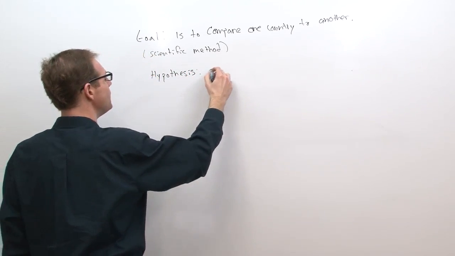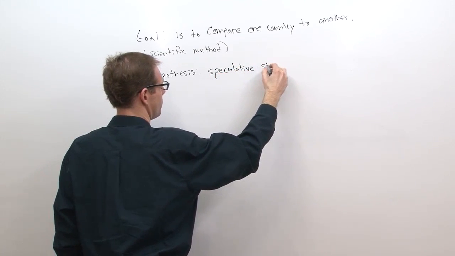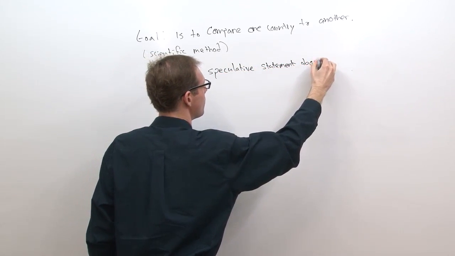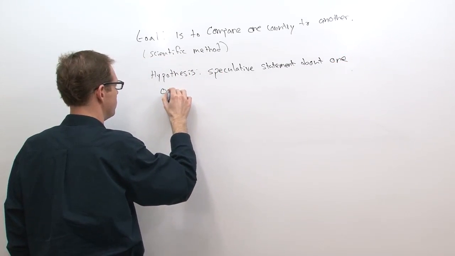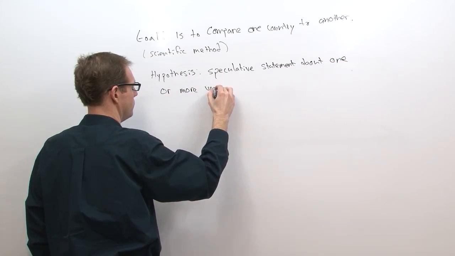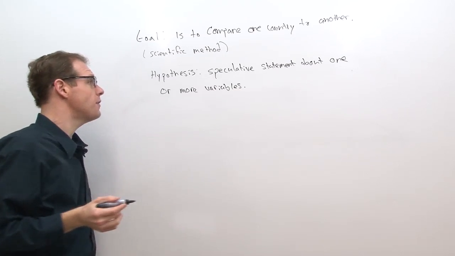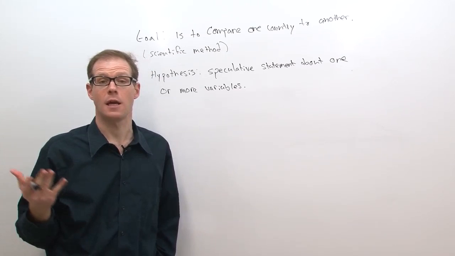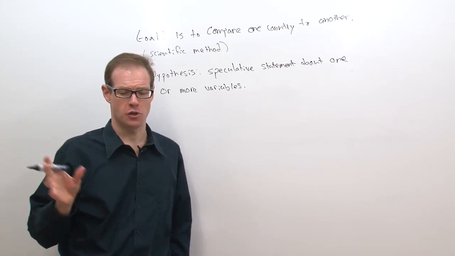This is a speculative statement about one or more variables. So a hypothesis might be, if the country has a large military, it will be more likely to go to war, right? That's a speculative statement. I'm not sure if it's true or not.